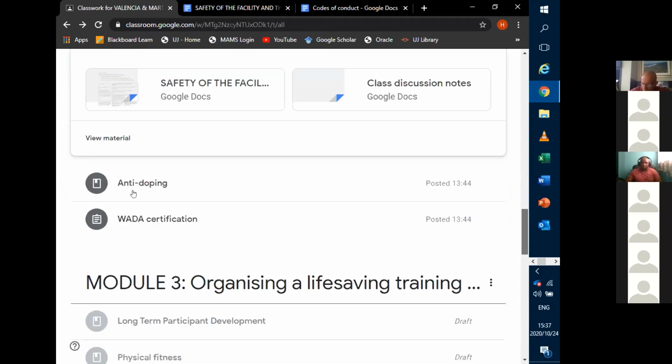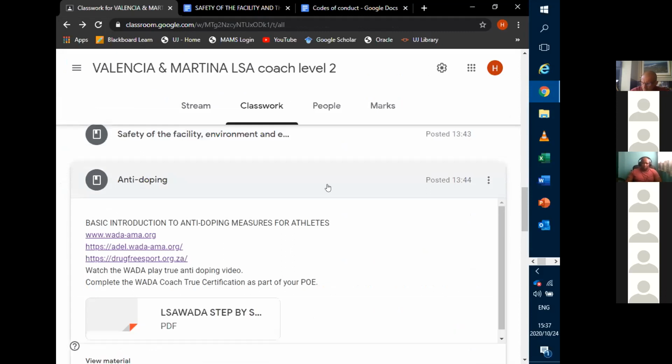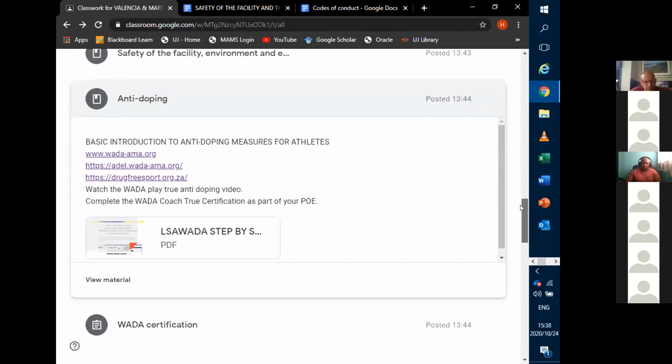Okay, so we're going to go on to the anti-doping now, and this is quite an important part of this module. I know that a lot of you are nipper coaches, and you might find it a little bit strange as to why we've incorporated this, and why you think, you know, at a nipper level, you should be aware of this. But it's for everybody.